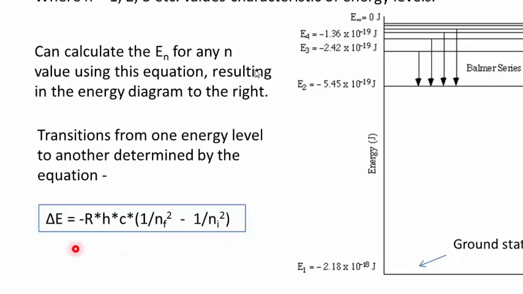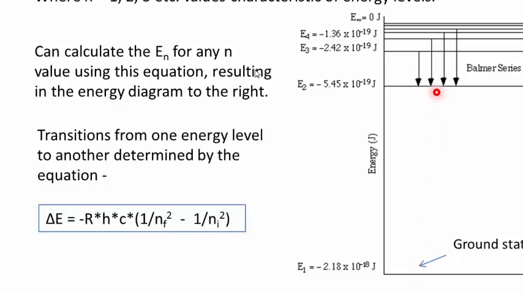Okay, so this is how we can calculate the energy steps in going either up or down. And it turns out if we go up, the value of delta E will be positive. If we go down, the value of delta E will be negative. And later on, we'll talk about endothermic and exothermic reactions, and this will make more sense then.